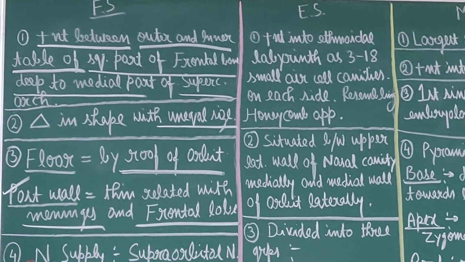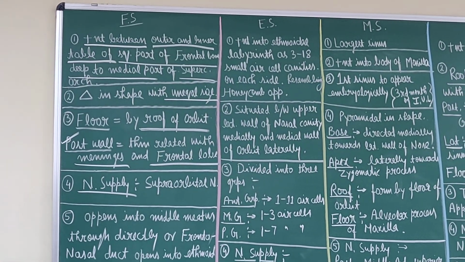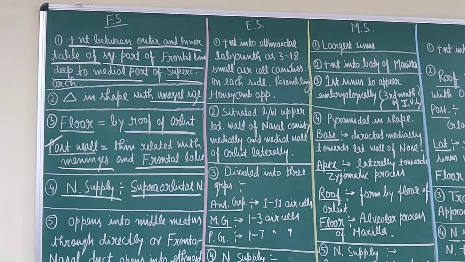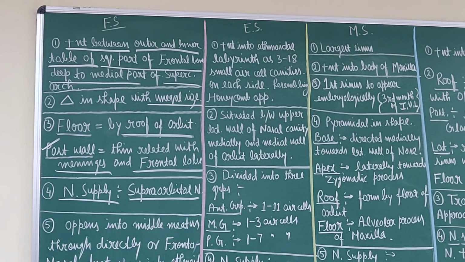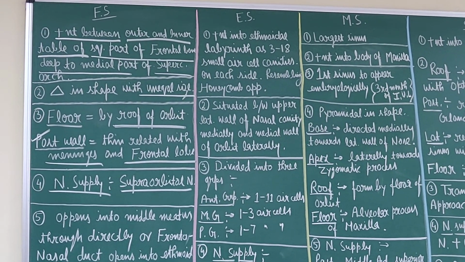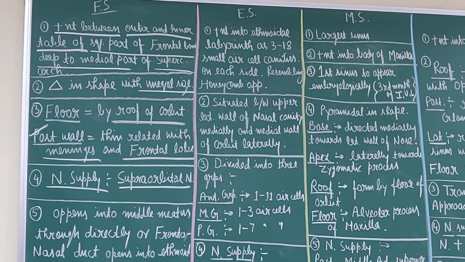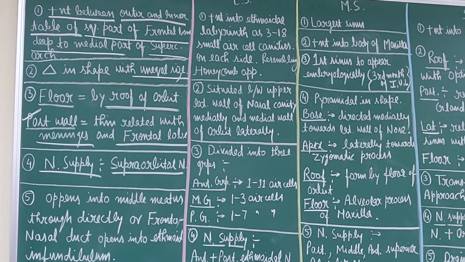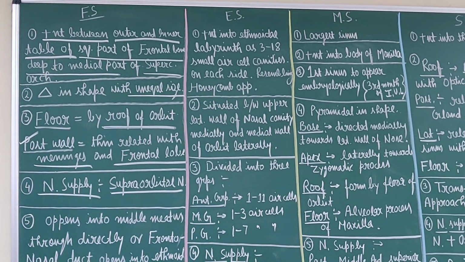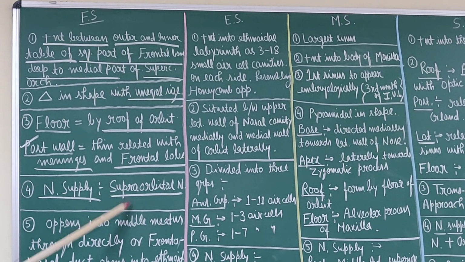Now the nerve supply. It is a sensory supply. It is the supraorbital nerve. Remember the osteology class? Above the orbit, on the superior margin of the orbit, there is the supraorbital foramen or supraorbital notch, and through this foramen passes the supraorbital nerve. It is a branch of the frontal division of the ophthalmic nerve.